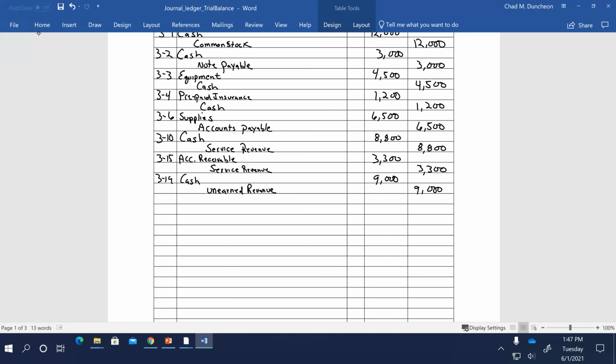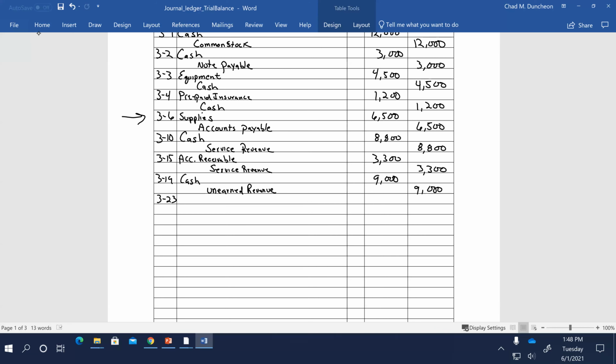So on March 23rd, we pay $6,000 cash for the supplies previously purchased from Hamilton in transaction 5. So now we're talking about, on the 23rd, we are making a payment to them. At this point in time, we are paying cash, right?